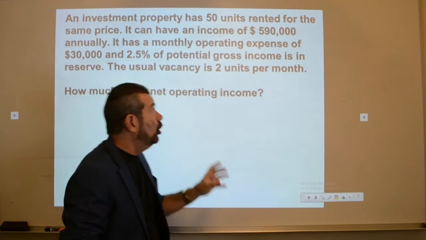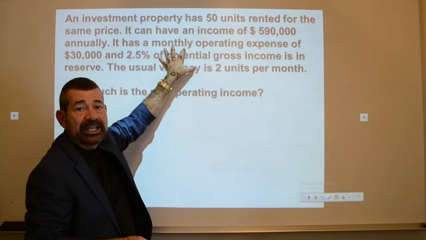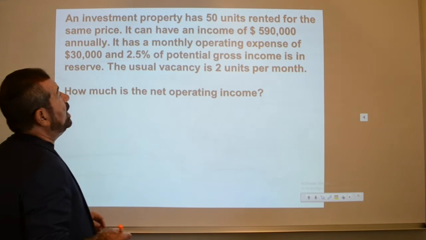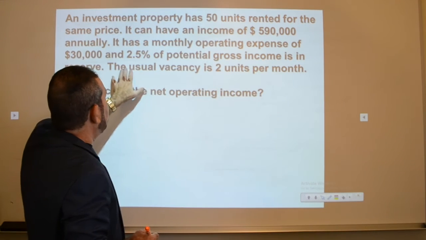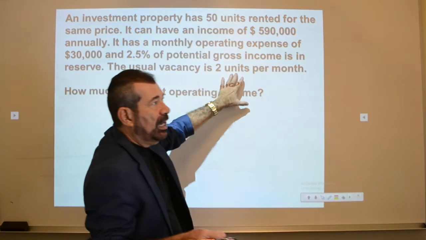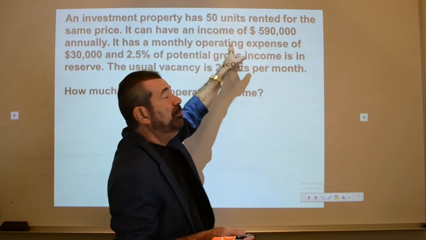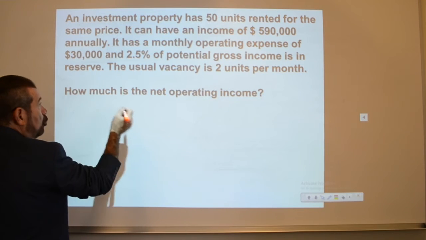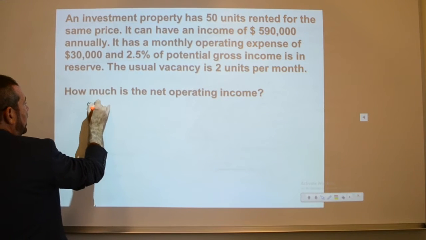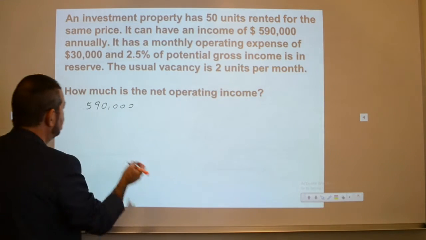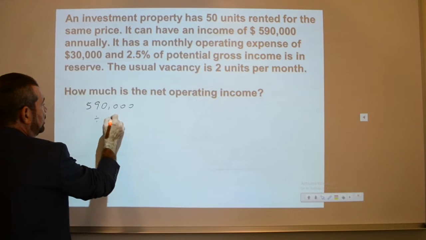So we're going to have to use the information provided in the question to find the answer. Now, if it tells me that the usual vacancy is 2 units per month, I'm going to have to find out how much we make per month. So if I have a gross income of $590,000 and I have 50 units, I will divide that by 50.